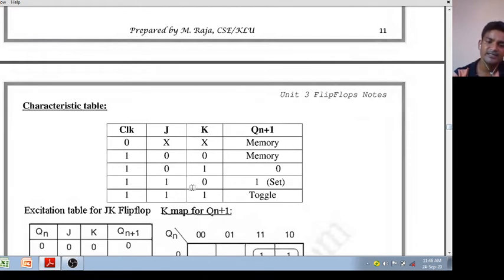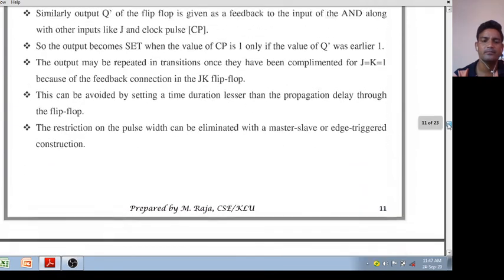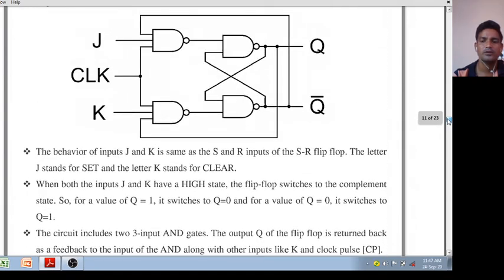Okay, how will you get it? These conditions are same as we were getting in SR flip-flop. Just analyze this last condition 1 1. How are we getting the toggle condition when J and K equal 1 1? Now just see the diagram. If J equal to 1, K equal to 1 and clock equal to 1, just assume this is 1, this is 1, this is 1.